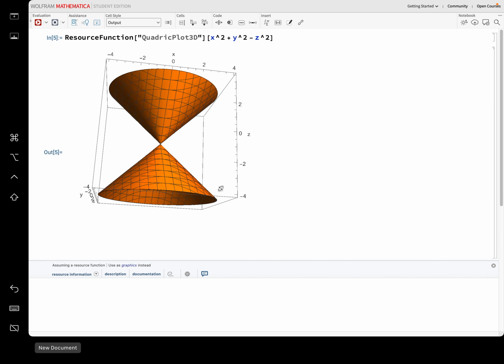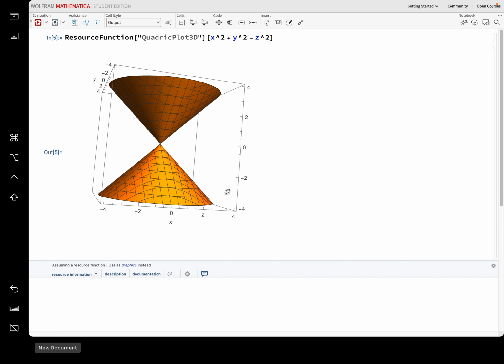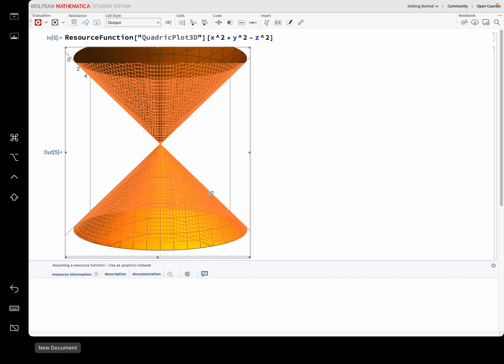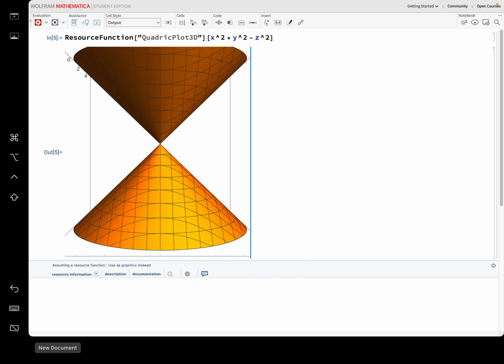If I look at cross sections of this cone from the front, guess what I see? I see these hyperbolas. I see absolute value of x, right, as two lines bounding my cone from the sides, and then otherwise I see hyperbolas. So everything seems to match.